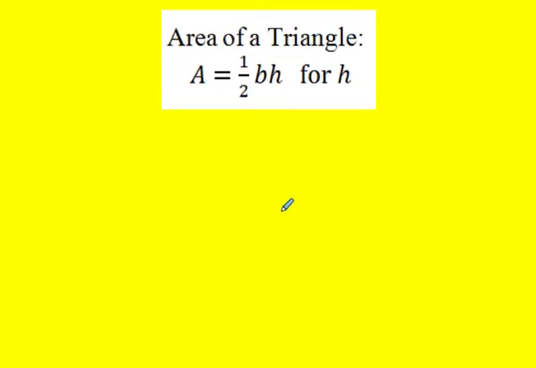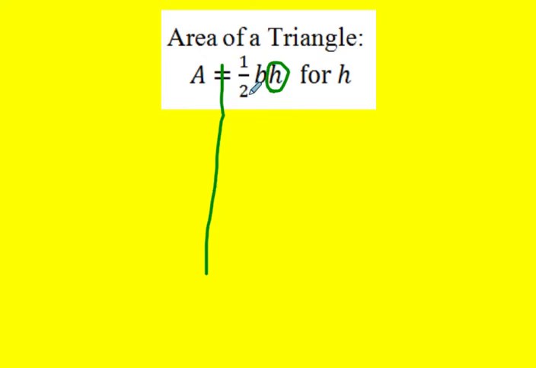All right, next example. This one should look familiar to you. This is the formula for area of a triangle. Area equals 1/2 base times height. And my goal here is to make it so that H is by itself in this equation. So here's the wall through my equal sign.